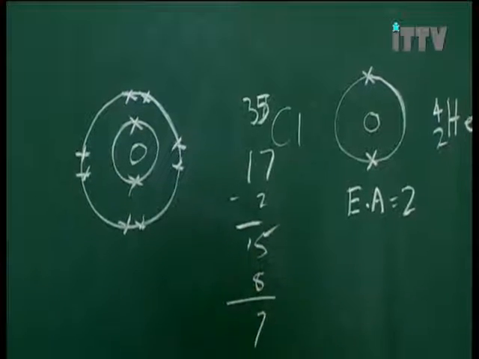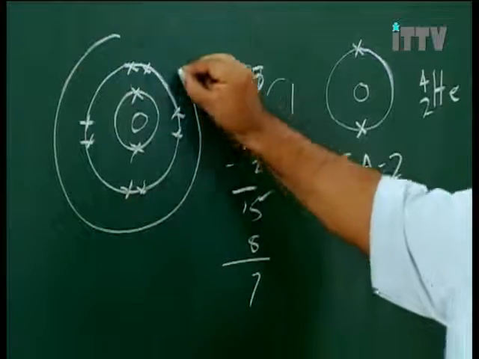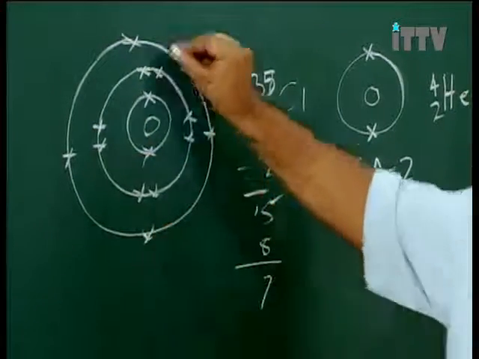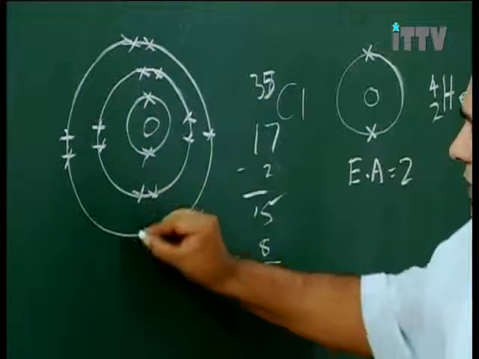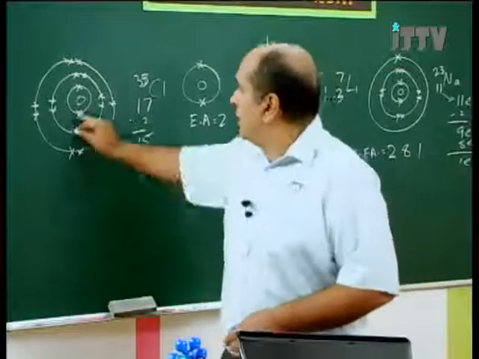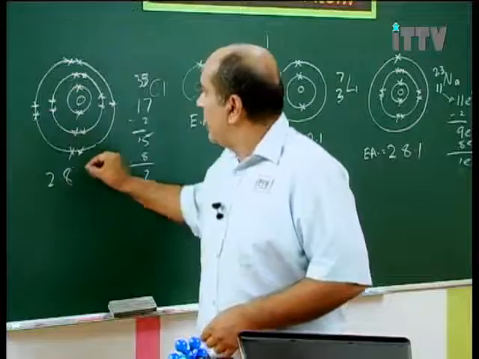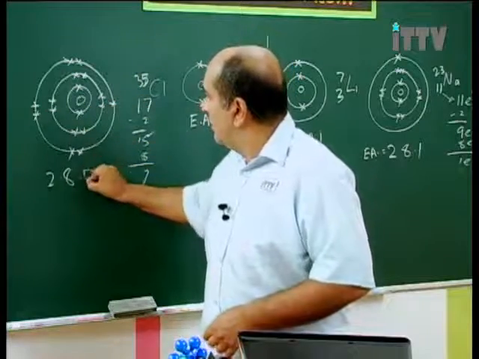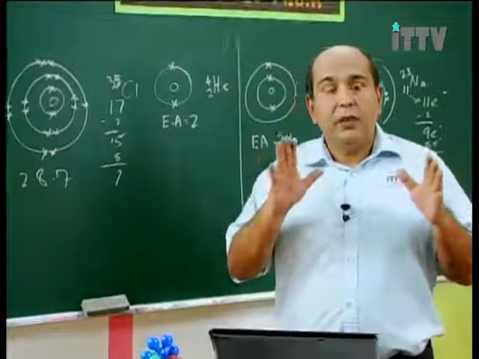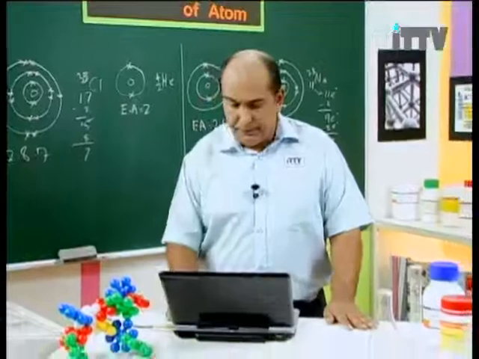Subtract 8, we're left with 7. Go to the next shell: 1, 2, 3, 4, 5, 6, 7. How do we write the electron arrangement? Start from the inside, 2, 8, and in the outer shell, 7, like so. So I hope you understand. Always start from the inside and work your way to the outside.